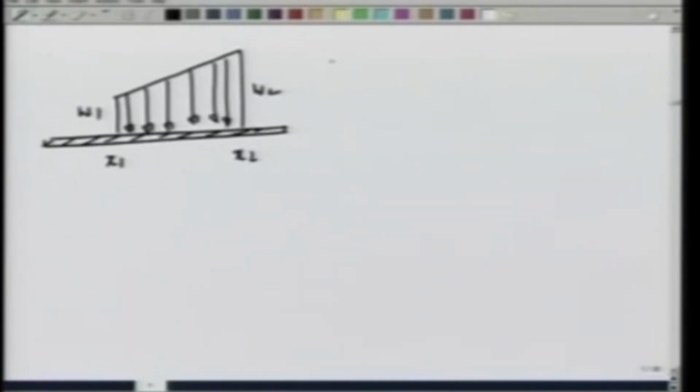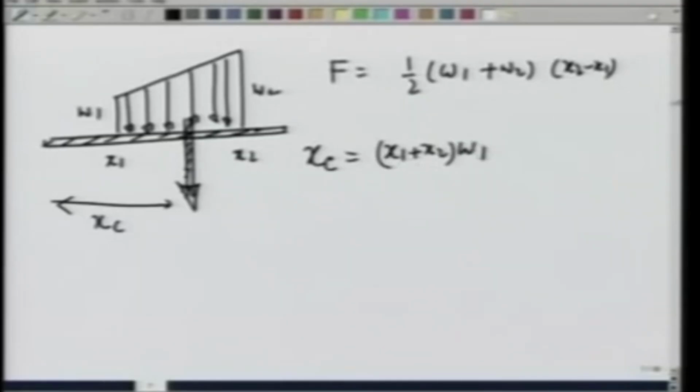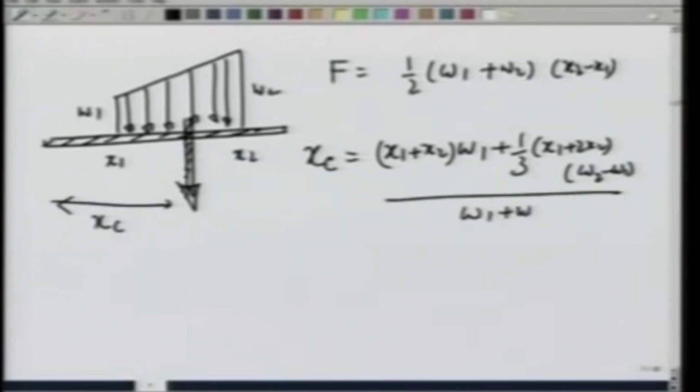Then the total force comes out to be 1/2 (W1 plus W2) times (x2 minus x1), and the point at which it acts is at a distance xc, which is equal to, as I wrote in the previous slide, (x1 plus x2) times W1 plus 1/3 (x1 plus 2 x2) times (W2 minus W1), divided by (W1 plus W2).